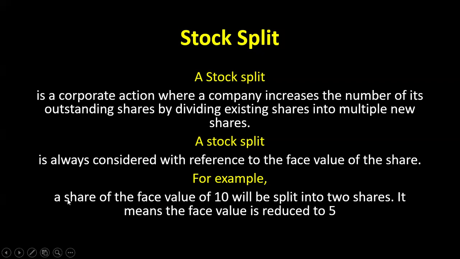For example, a share of face value of 10 will be split into 2. It means the face value is reduced from 10 to 5. If it will be split into 5, then face value will be reduced from 10 to 2. If it is split into 10, then the face value will be reduced from 10 to 1.